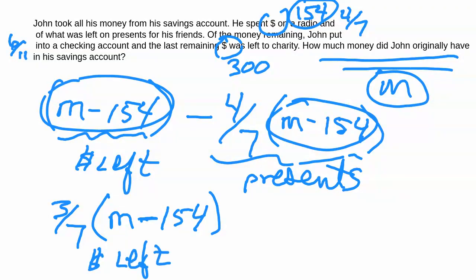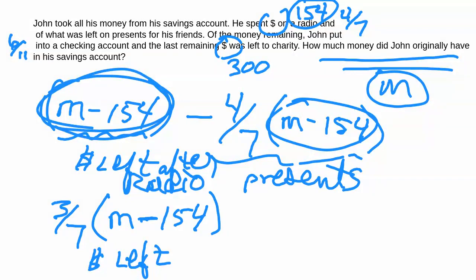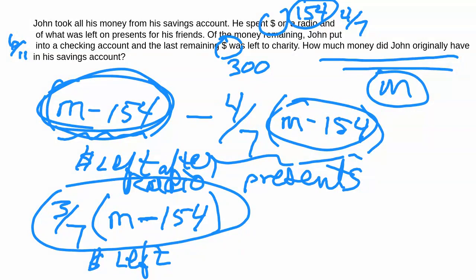M minus 154 is the amount after the radio, but 3/7 of the quantity M minus 154 is the money left after buying the presents. So that's an easier way to come up with this.